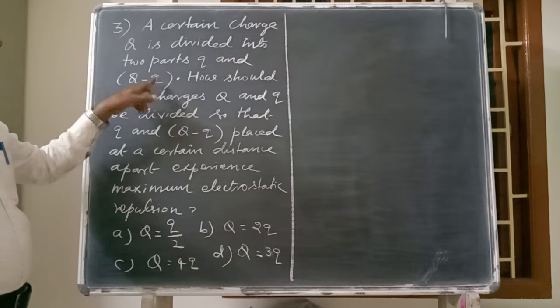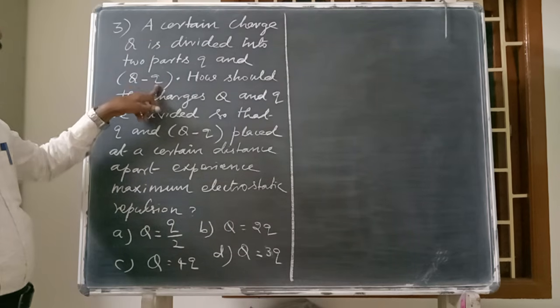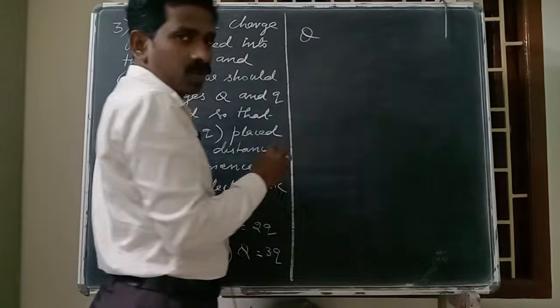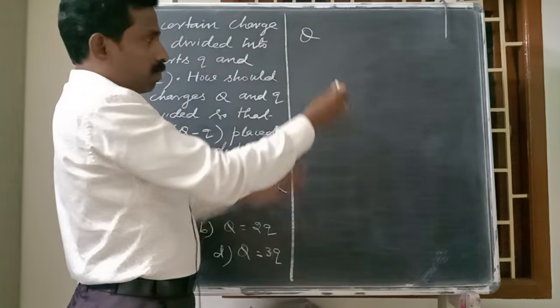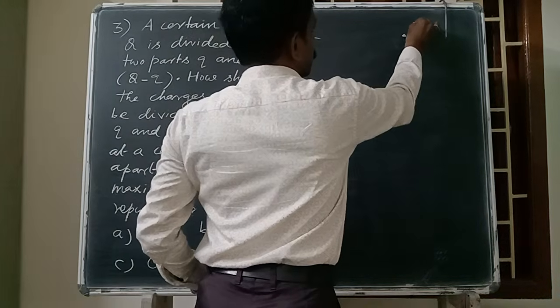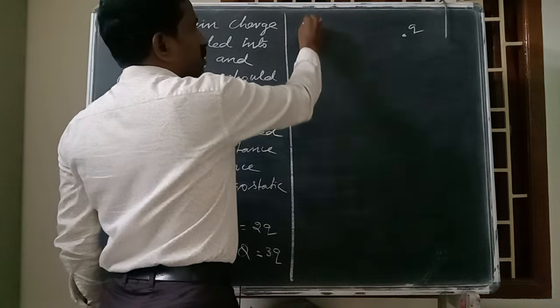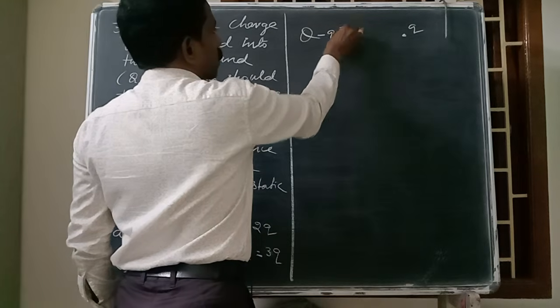Originally there is only one charge, and from this charge a part is removed, so small q is the new part and the rest of the charge is capital Q minus small q.